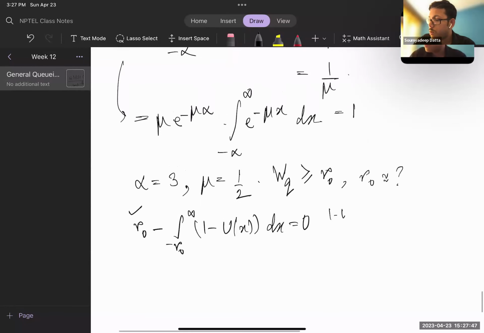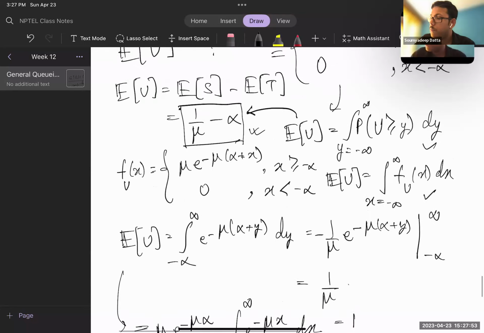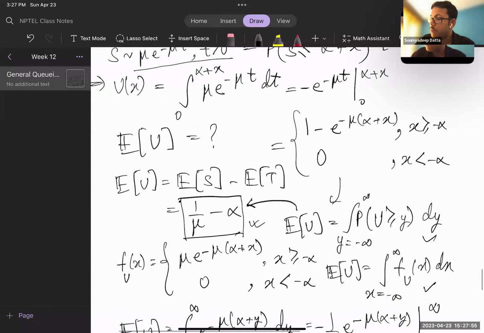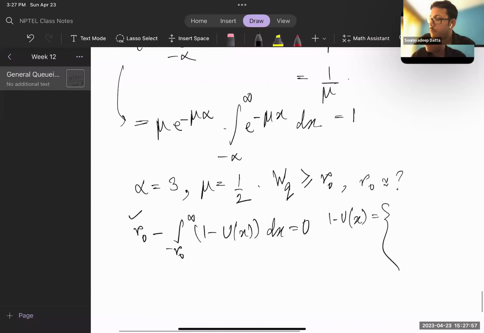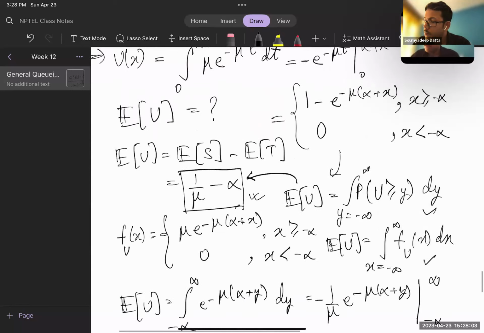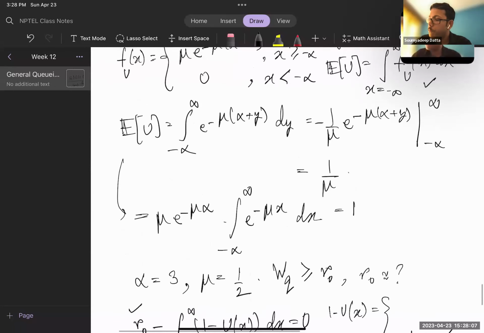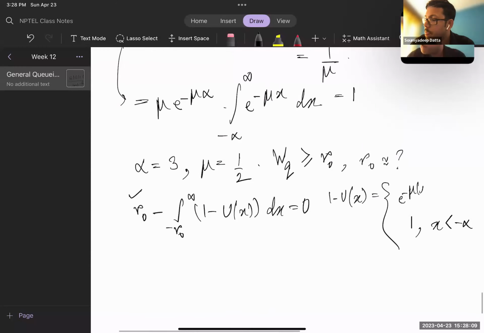So let's write it down. 1 minus u of x is equal to 1 for x less than minus alpha, and e to the power minus mu times alpha plus x for x greater or equal to minus alpha, right?